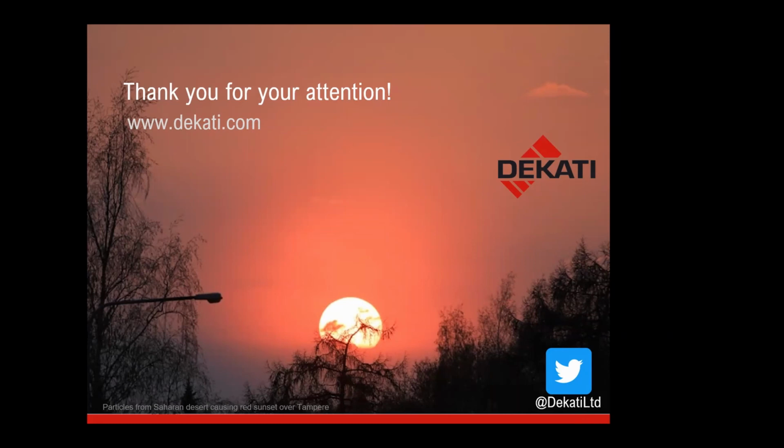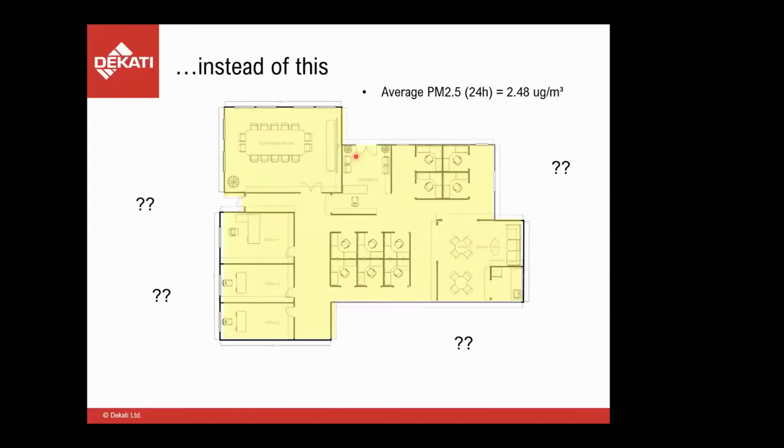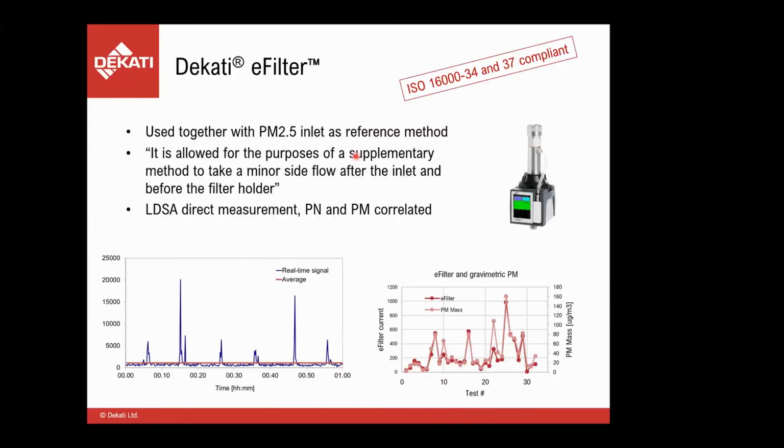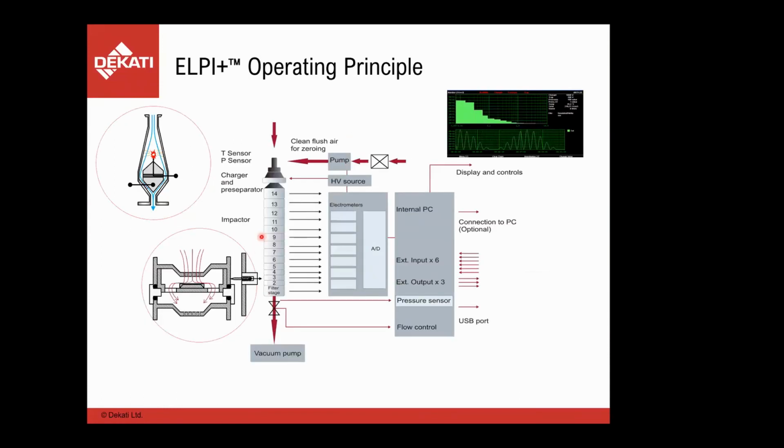We have a question asking, is it possible to analyze the chemical composition of the different plates with the LP? Yes, you can do analysis. What I was discussing here, especially for long-term measurements, we would use the so-called sintered plates that allow us to do very long measurements with the LP.